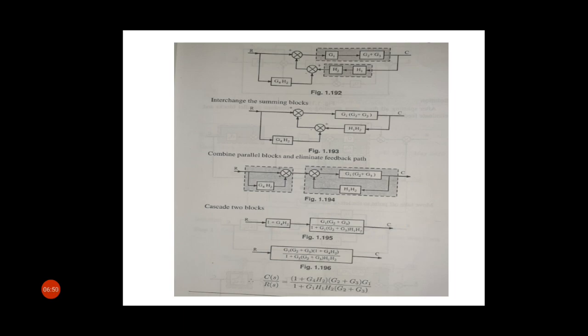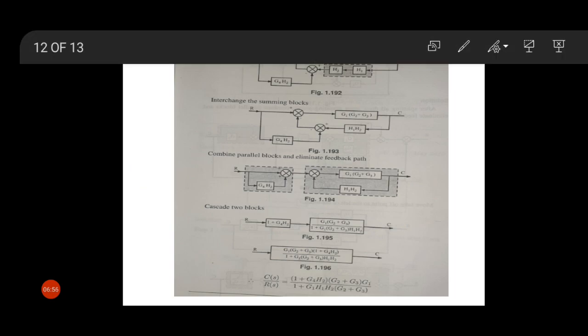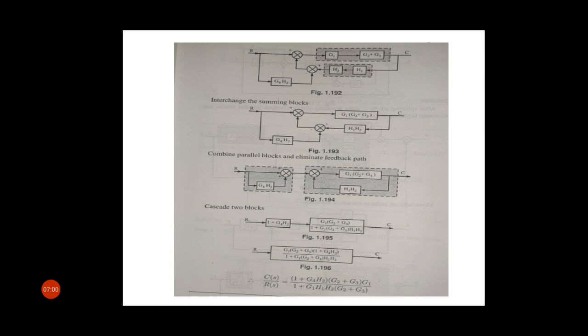Now we combine the cascading blocks. Here highlighted, the cascading blocks G1 and G2 plus G3 are one cascade connection, and H2 and H1 are the second cascade connection.